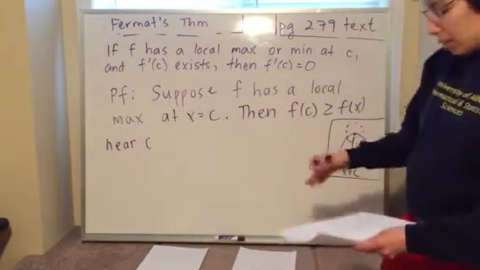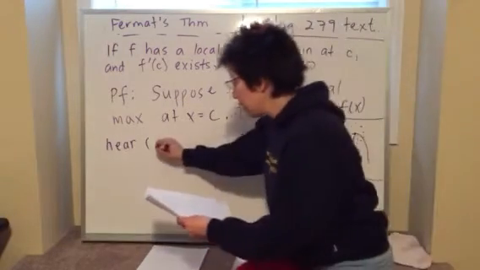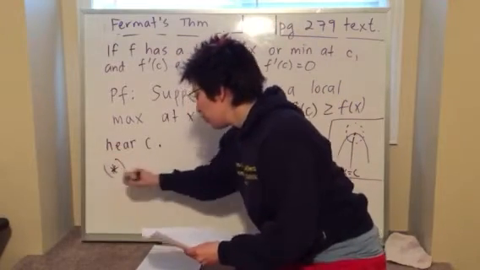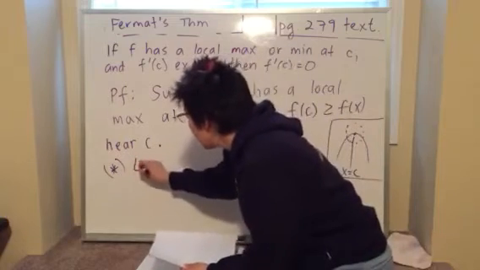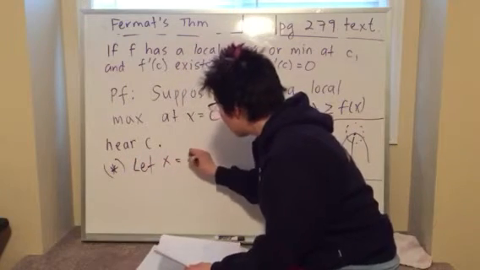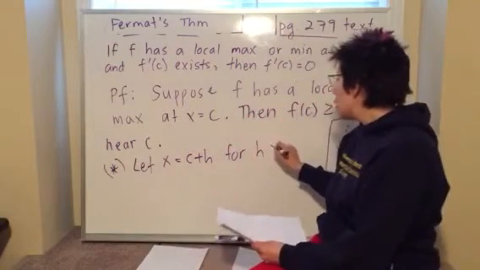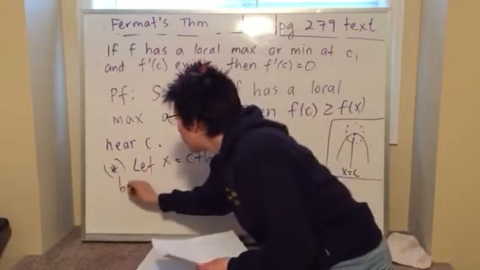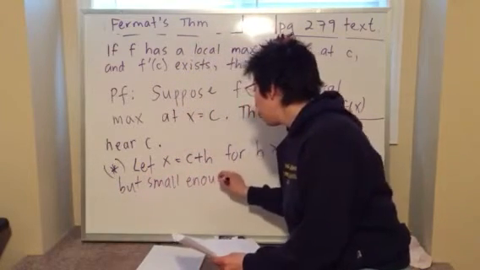So anyways, since this is true, we're going to do something, and we're going to call it a star, because we're going to refer to it later. You might remember this from class. So we're going to let x equals c plus h for an h greater than 0, important, but small enough for what?